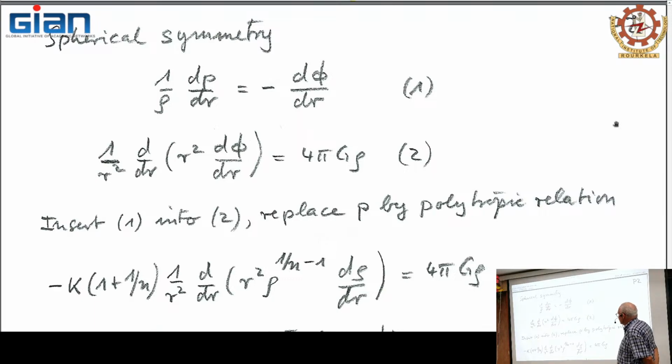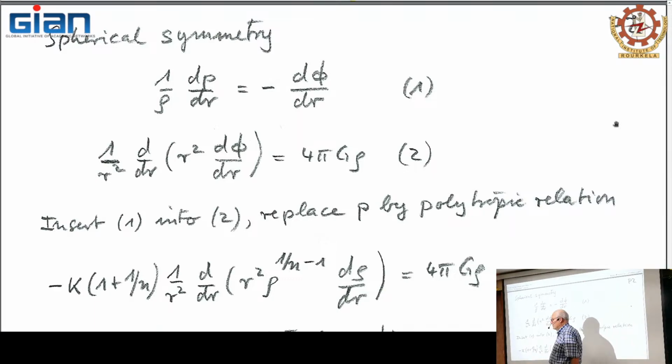Now, once we insert equation 1 into equation 2, that means we replace the derivative of the potential with respect to r in the second equation, we eliminate the potential simply by inserting the d phi by dr into the second equation.